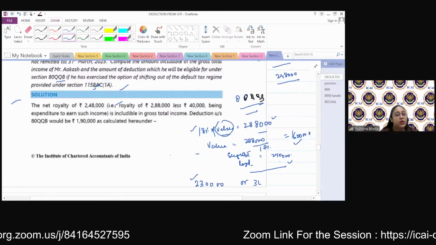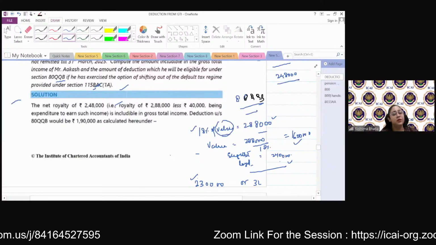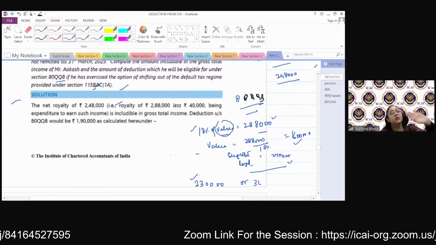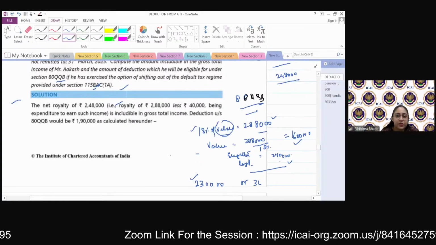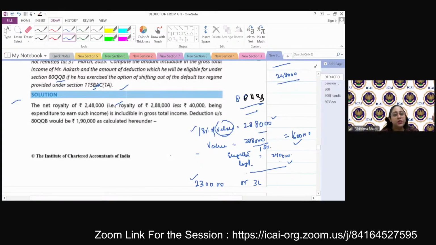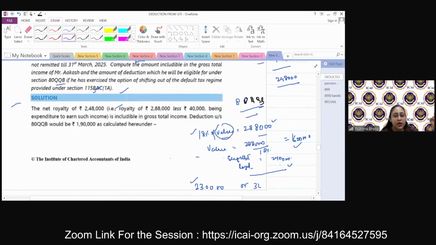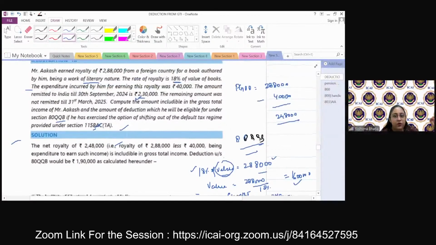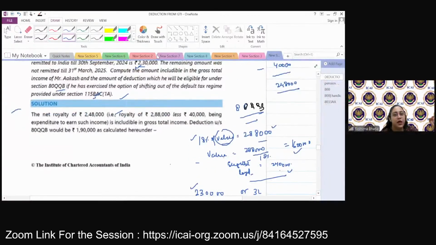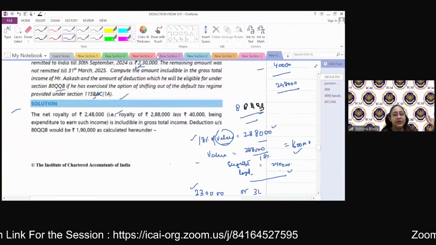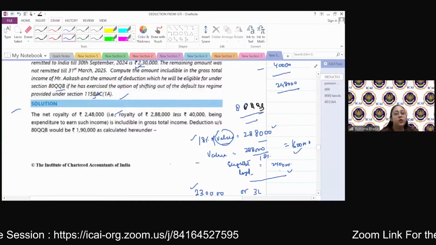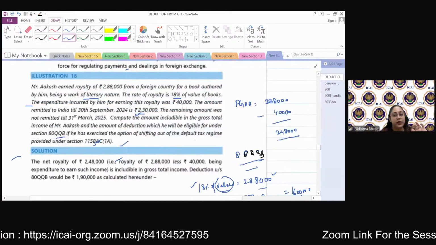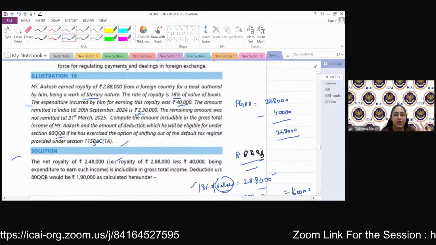No. Because out of this 2,30,000, we have already claimed certain deductions and taken a benefit under your PGBP income. That also has to be excluded. How much benefit have we already taken? We have already taken the benefit of 40,000, yes or no? In the question, it is clearly written that for incurring this royalty, 40,000 has been deducted.